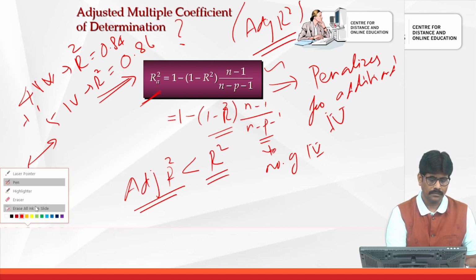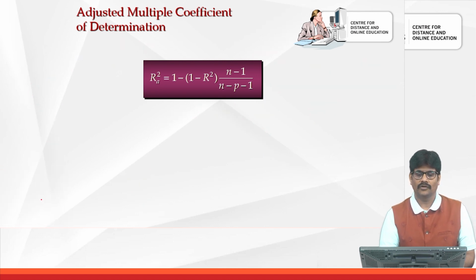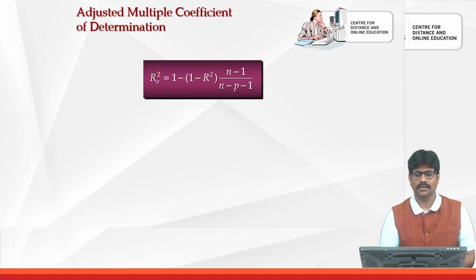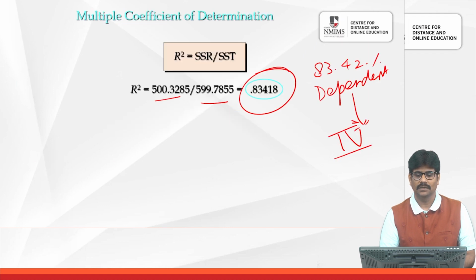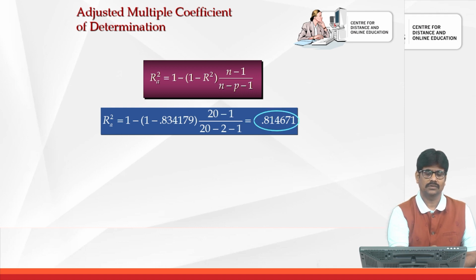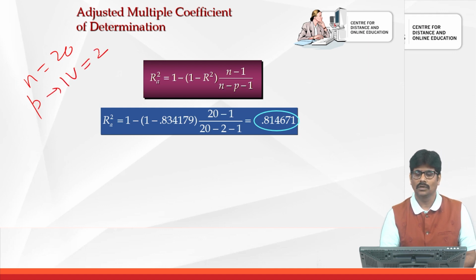Now, moving on, there is a calculation involved in it, right. Let us just have a look at the calculation. This is your 83.42 for the R square. Now, substituting the respective values, n as you know is 20, the sample size, and p is the number of independent variables, which is equal to 2, right.